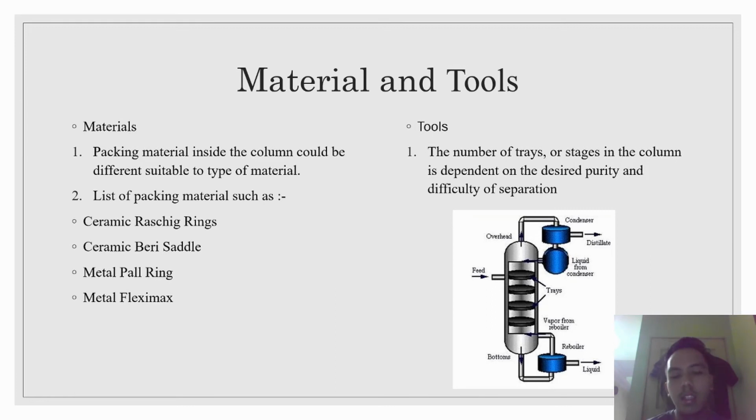And second are the tools for the packed column. The number of trays and stages in the column is dependent on the desired purity and difficulty of separation.